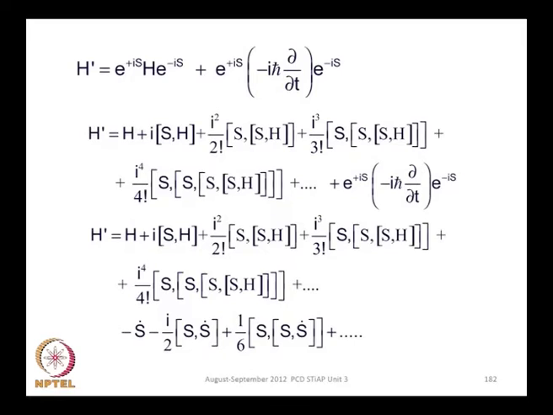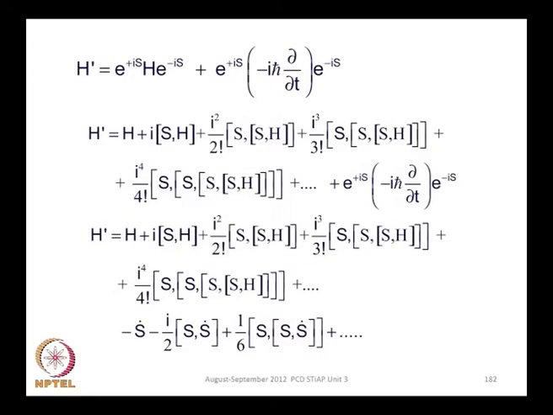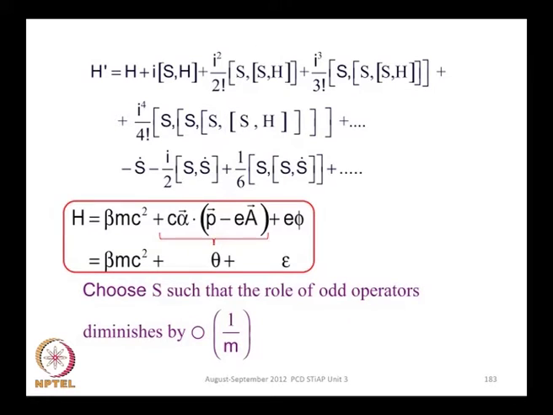Okay? So when you take that into account very carefully, you get commutators of s with s dot, where s dot is the time derivative of s. Okay, so I will not show you the intermediate steps, but you know how to work it out. Okay, and you will get commutators of s with s dot, and then its commutator with s, and subsequently you can have another infinite series.